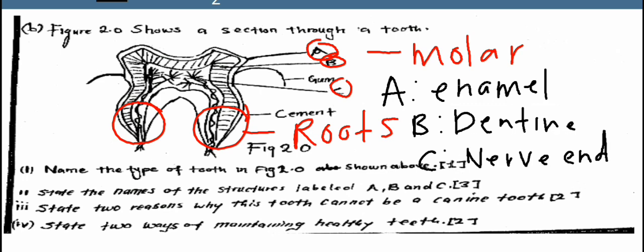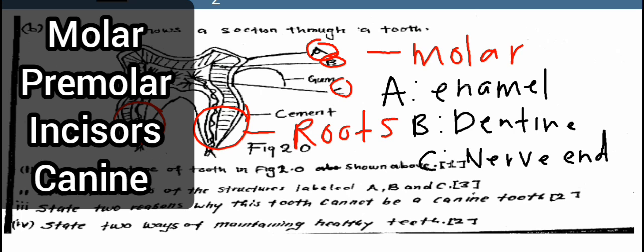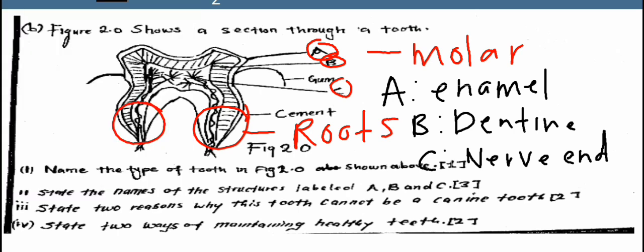Then as for Roman numeral number 3, it is saying state 2 reasons why this tooth can't be a canine tooth. 2 marks. Usually we have 4 types of teeth. The first one is called the molar, followed by the premolar, the incisors, and the canine. So now let's give them the reasons why this one is called the molar instead of being called the canine. So usually the canine has 1 root, and this one here, how many roots does it have? 2 roots.